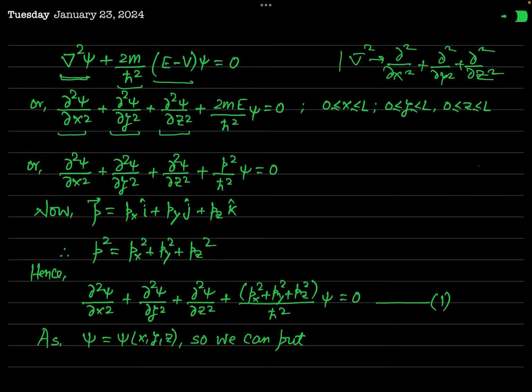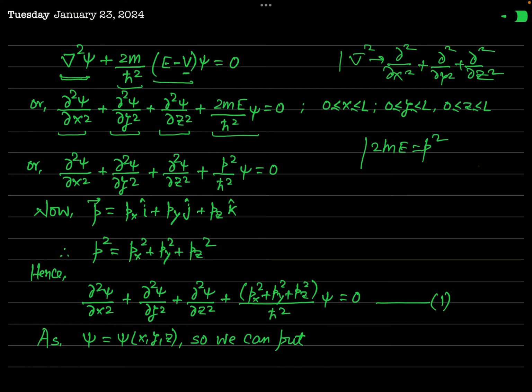Okay. But V is equal to 0, so the second term will be 2mE over h bar square psi equal to 0. But you have just seen that in case of a free electron, this 2mE is equal to p square.